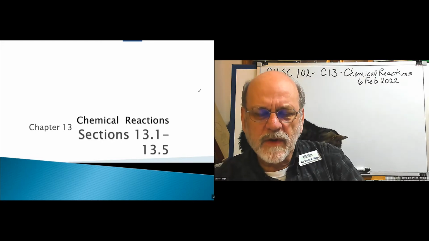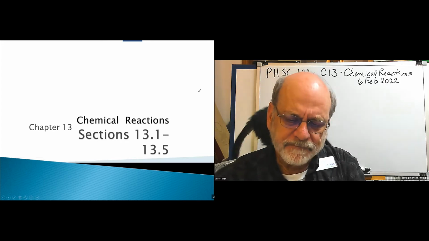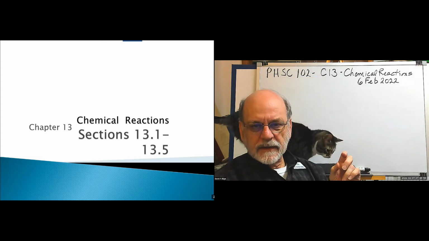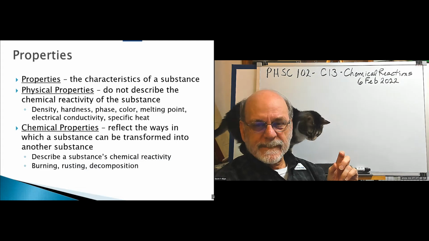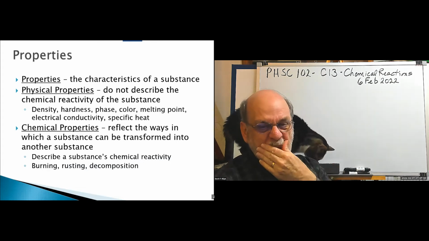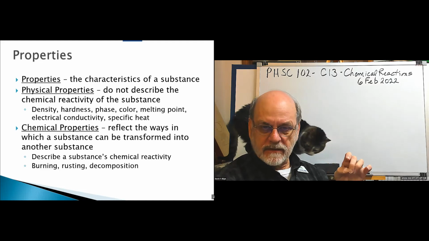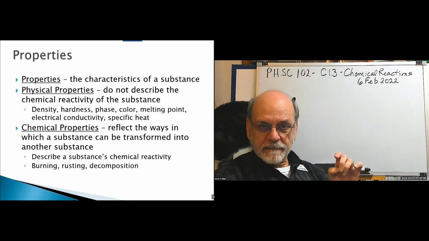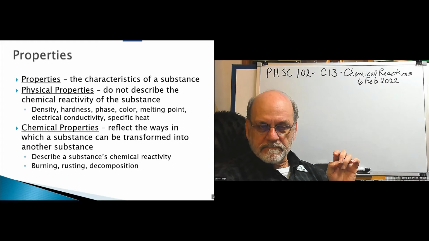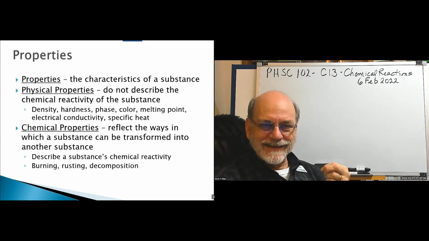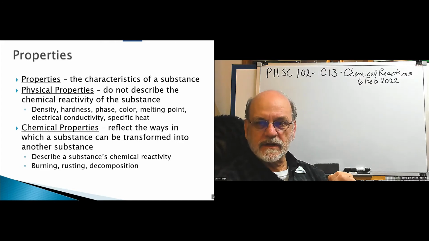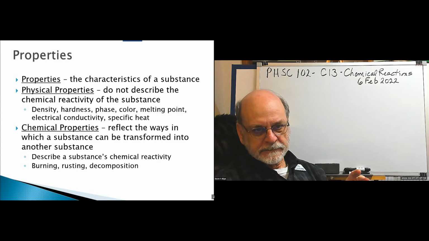Okay, chemical reactions, chapter 13. When we speak of properties of a substance, we're talking about those things that identify the substance as unique. In other words, they distinguish it from any other substance.